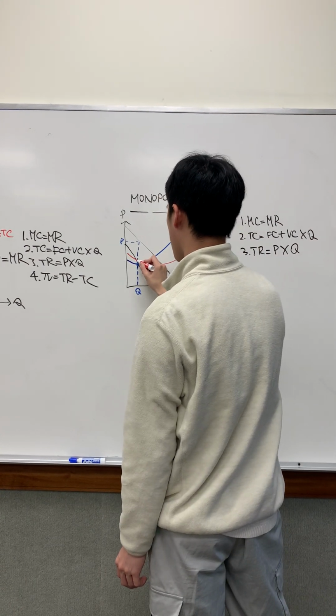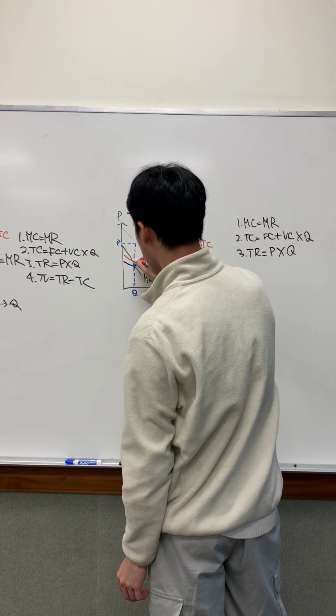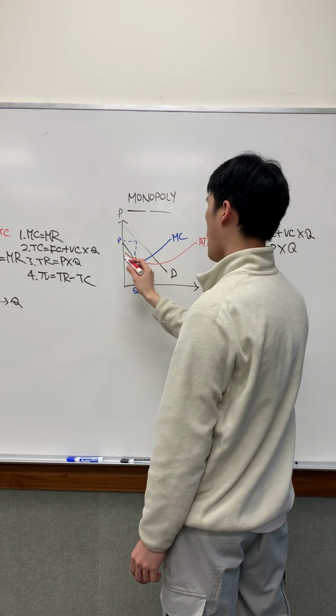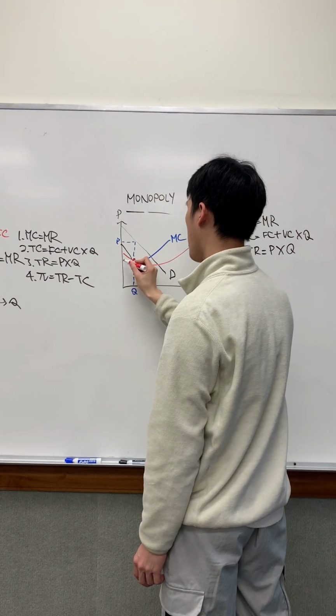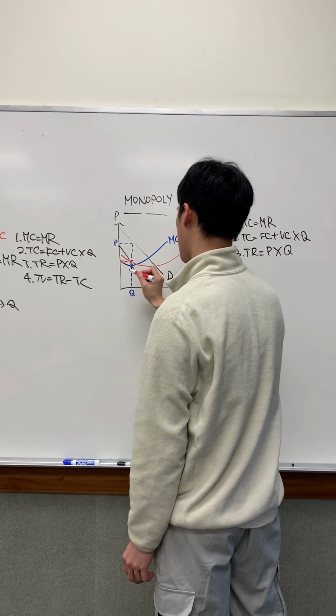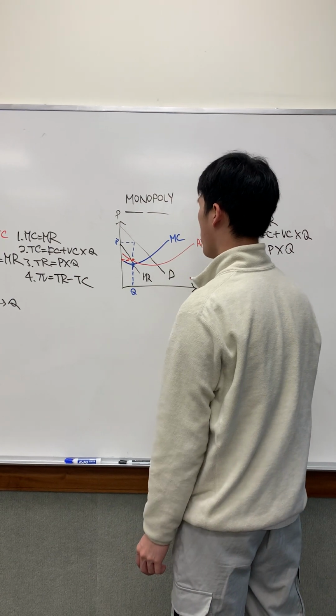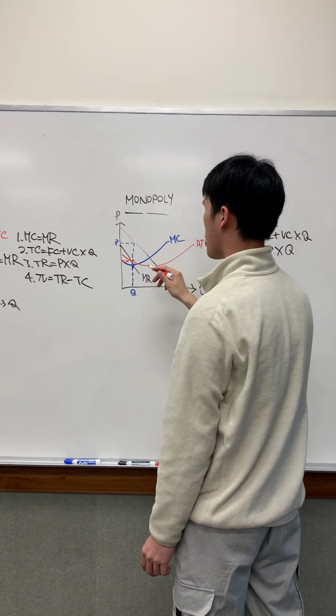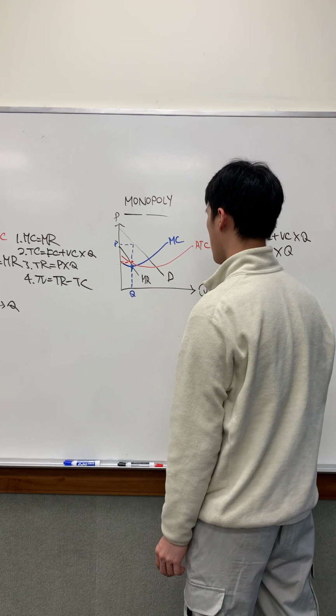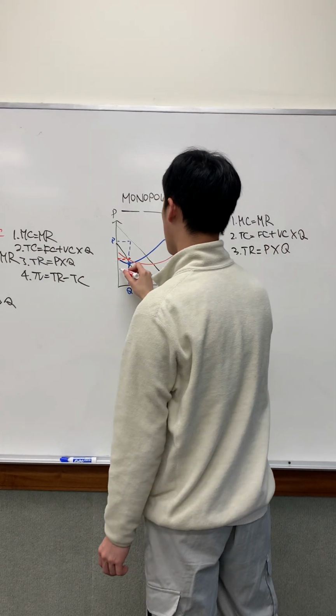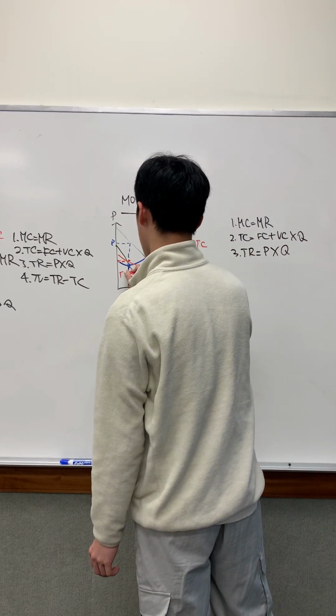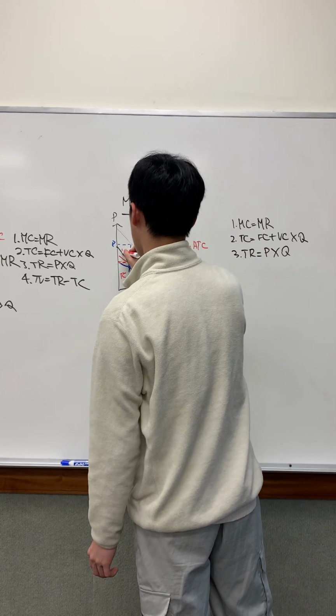At this point, here we go, we'll find the point that separates the profit and total cost. Below will be the total cost, and the top is the profit.